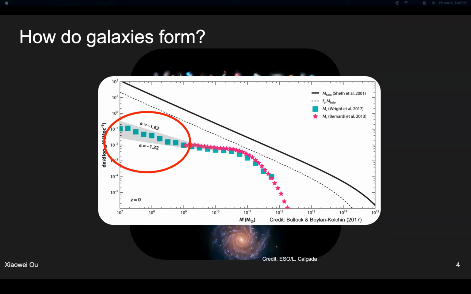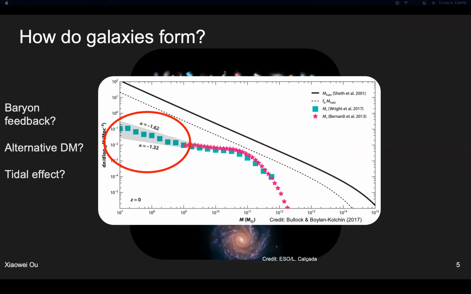Many things can affect it, such as baryonic feedback, alternative dark matter models, as well as satellite populations and tidal effects. That gives us a lot of complication in constraining this low mass end of the galaxy mass function, yet it's so important because it's so sensitive to baryon as well as dark matter physics.